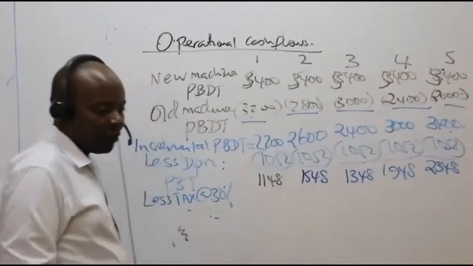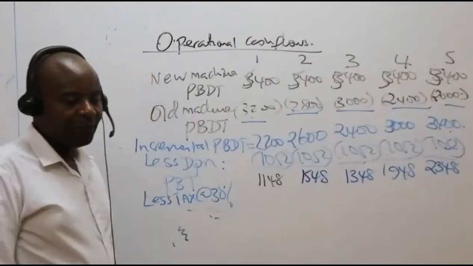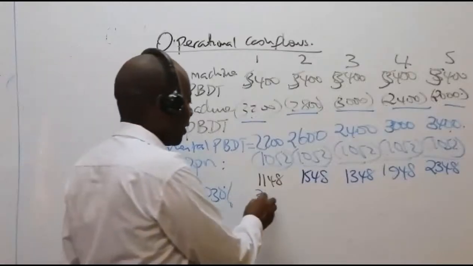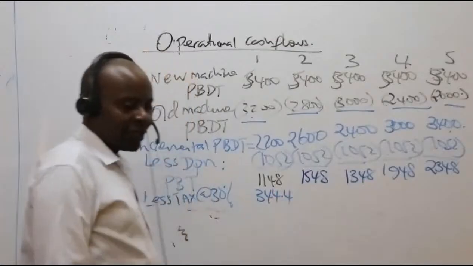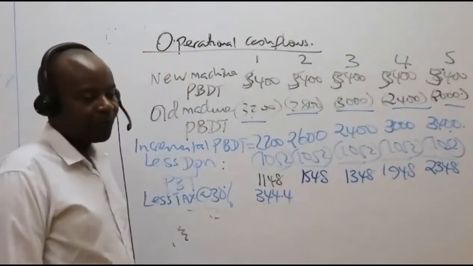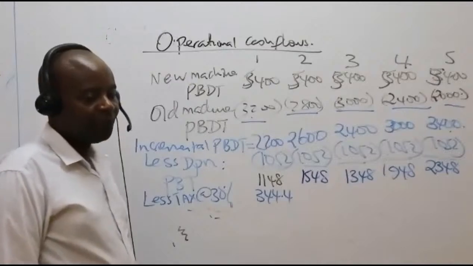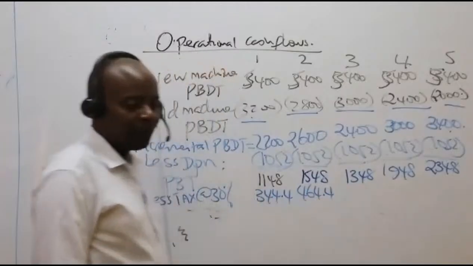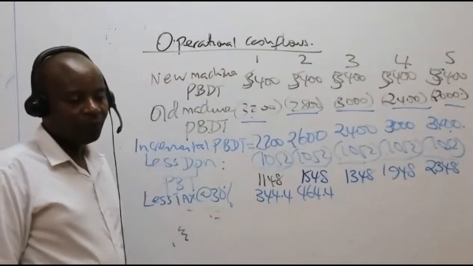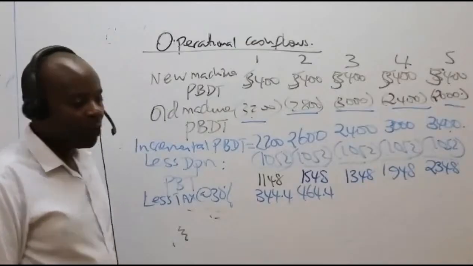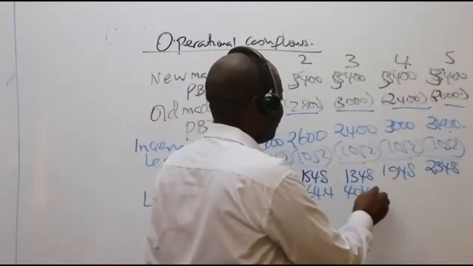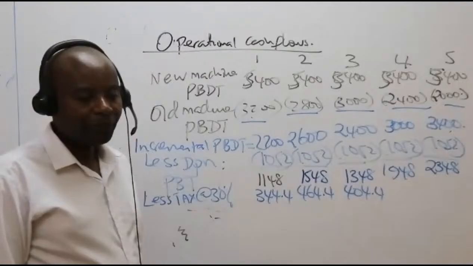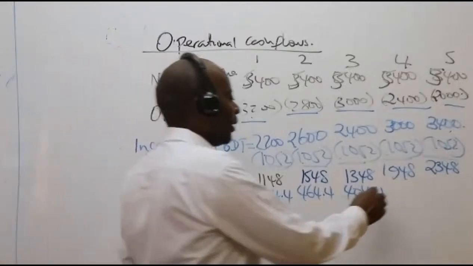So 30% of 1148 gives me what figure? 30% of 1148 gives me 344.4. 30% of this, 464.4. 404.4. 584.4.